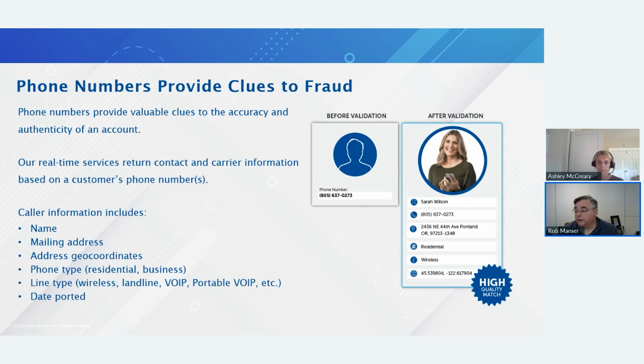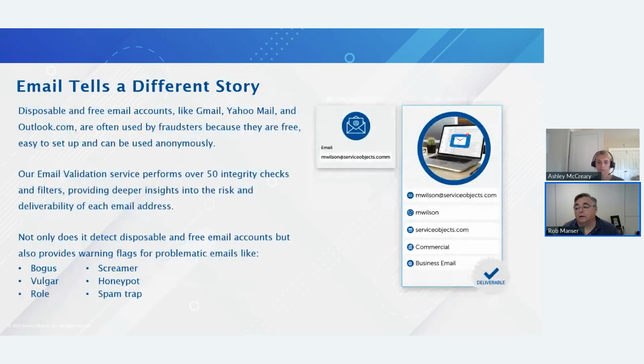So phone number is extremely valuable, and that goes hand in hand with email as well. Same idea. We're going to look for disposable and free email accounts, things that are easy for fraudsters to generate and create, and then use to create an account. So imagine you have a mailing address that is suspect, a phone number from a free portable VoIP service, and then an email from a free email service.